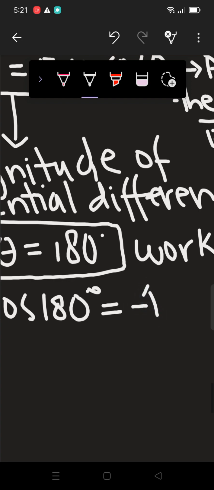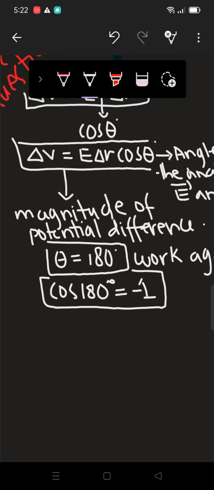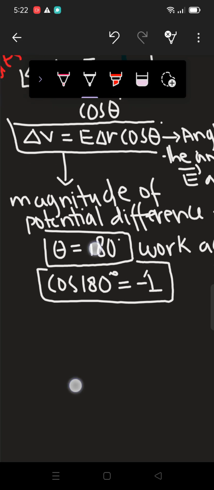We discussed that in detail when I was telling you about the angles between the electric field and del R, in the video on electric flux. You can go and check that video, where I taught you in detail about the angles of cos: where cos will be positive, where negative, and where it will be minimum, maximum or zero. So now cos 180 is equal to minus 1.